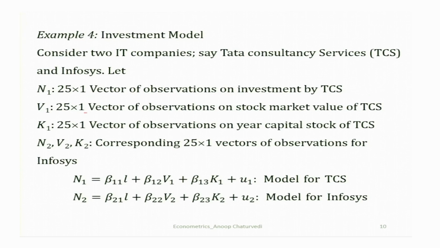V1 is a 25 cross 1 vector of observations on stock market value of TCS, and K1 is a 25 cross 1 vector of observations on year capital stock of TCS. So, you have observations on these three variables. Further, N2, V2 and K2 are the corresponding 25 cross 1 vectors of observations for Infosys.